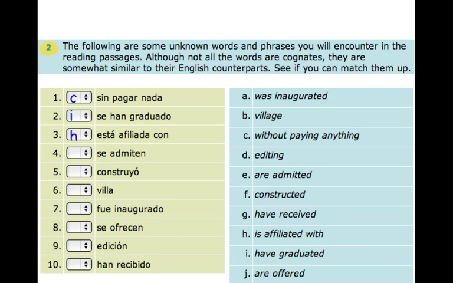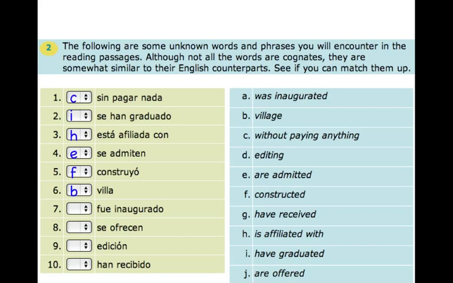Número 4, se admiten. Good cognate, se admiten. Letra A, are admitted. Número 5, construyó. When you see an accented last syllable like that in a verb, that is the past tense of the verb. F, constructed, past tense. Número 6, villa. Pretty good cognate there. Letra B, village.